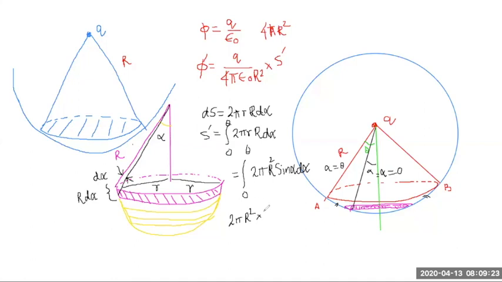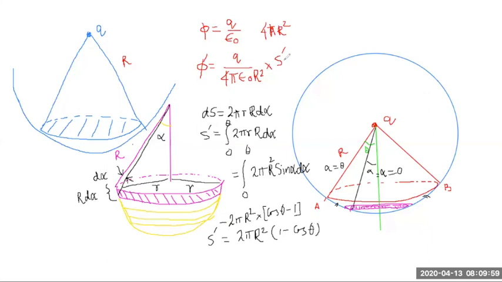So putting in the limits, this is 1 minus cos theta. So the value of S dashed is basically 2 pi R squared times (1 minus cos theta).